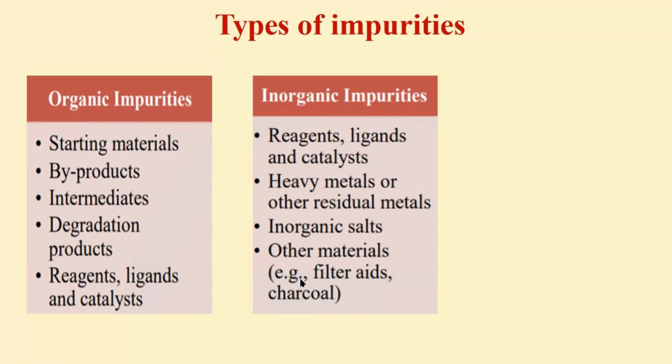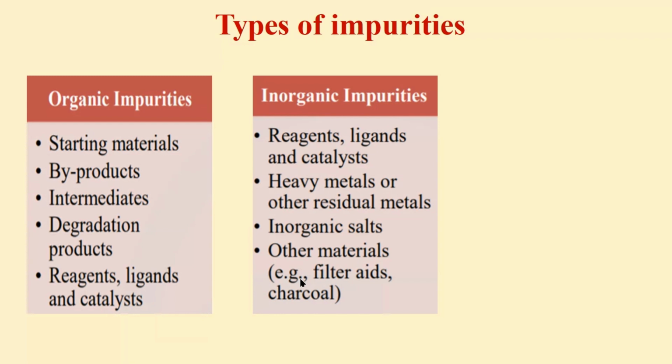If these impurities are of inorganic nature, they are called inorganic impurities. The reagents, ligands, catalysts and heavy metals used in the process of manufacturing can remain as residues. You may take the example of the Maggi product, which was banned because of the presence of lead.